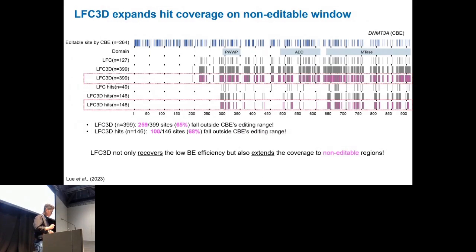But the most important part from here is those regions in magenta. You can see that 65 to 68% of those regions are coming from regions not editable by CBE. So LFC3D is actually very useful, not only for those regions that have very low base editor efficiency, but also can be used to get a signal for those non-editable regions by CBE editors.